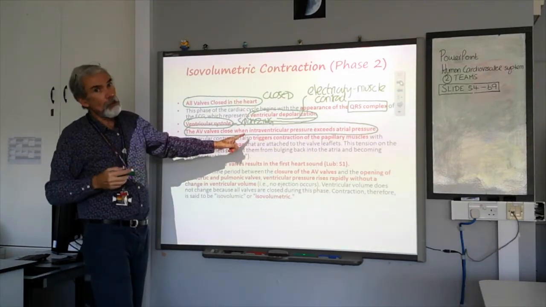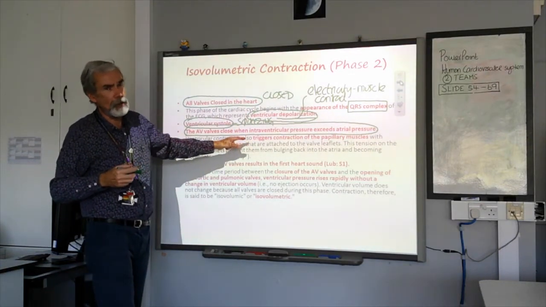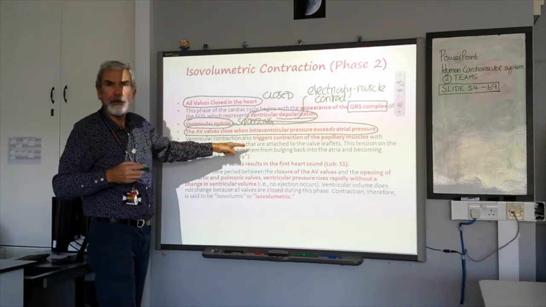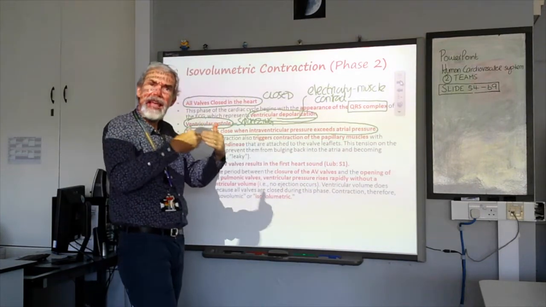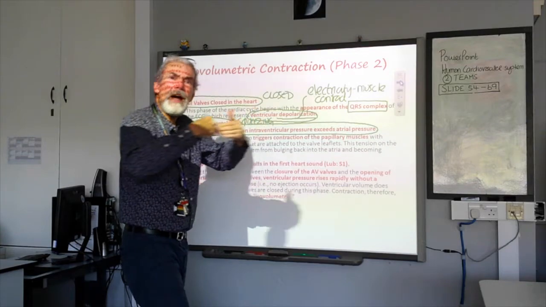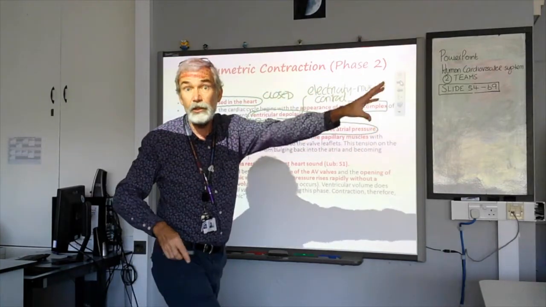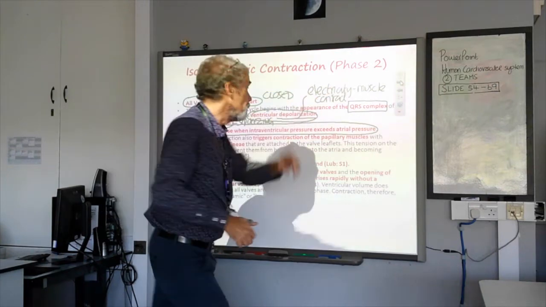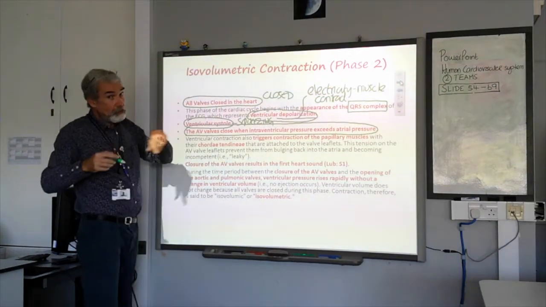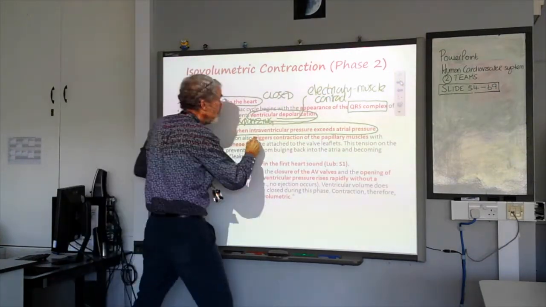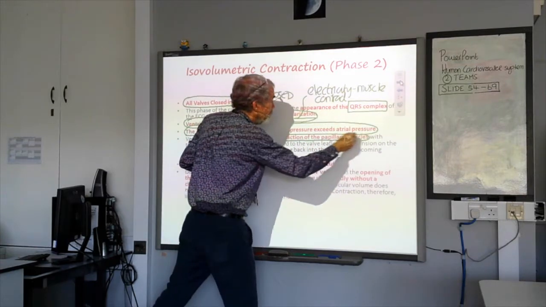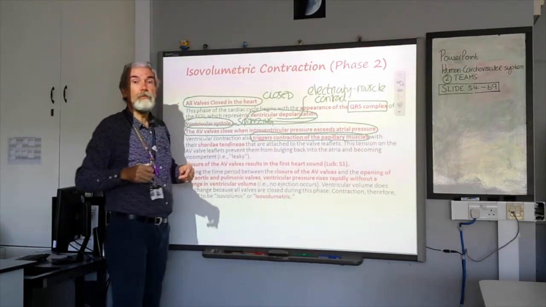Now some of you are probably thinking, hang on Dave, that's an awful lot of pressure on that valve, and that valve is kind of very delicate. What stops the valve blowing open and allowing the blood to go back into the atrium? Well, when the ventricle starts to contract, it also triggers contraction of what we call the papillary muscle.